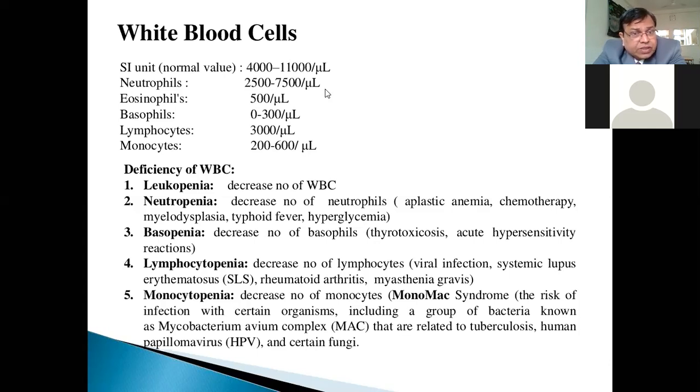Neutrophils are 2,500 to 7,500 per microliter. Eosinophils are 500 per microliter. Basophils range between 0 to 300, and lymphocytes are approximately 3,000, that is the range, 3,000 to 3,500. Monocytes are 200 to 600.